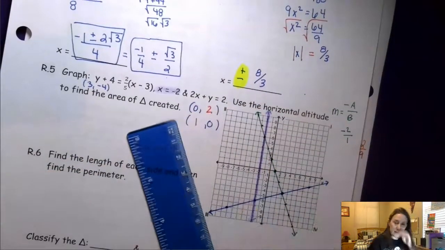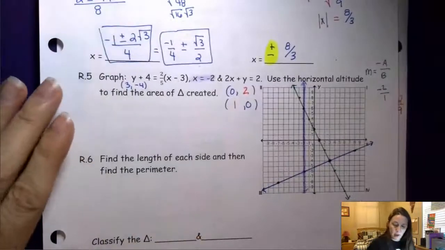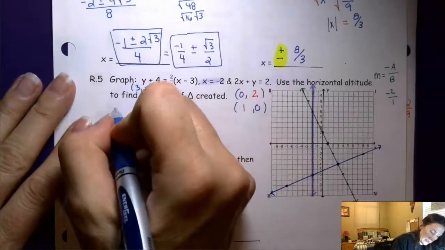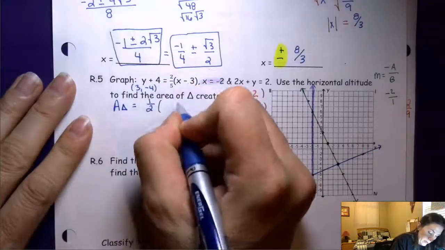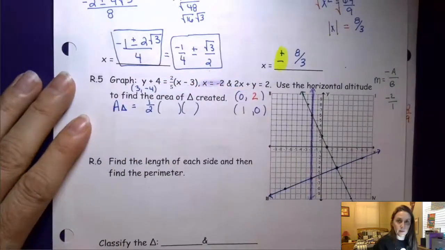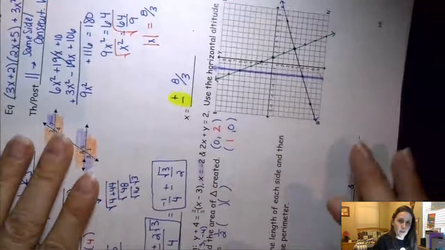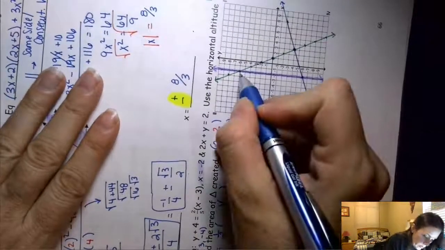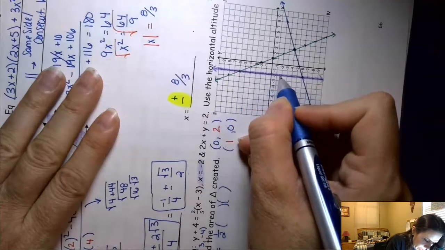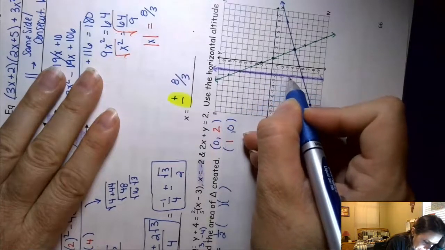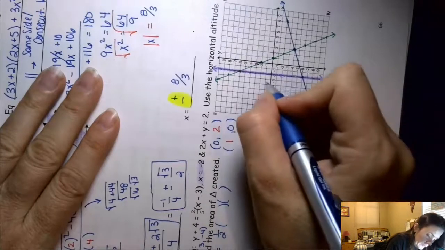So here's my triangle. I have to find the area and perimeter. I think it's easier to do area first. Area of a triangle is equal to 1/2 the base times the height. Remember, I have a base here. I can count 1, 2, 3, 4, 5, 6, 7, 8, 9, 10, 11, 12.